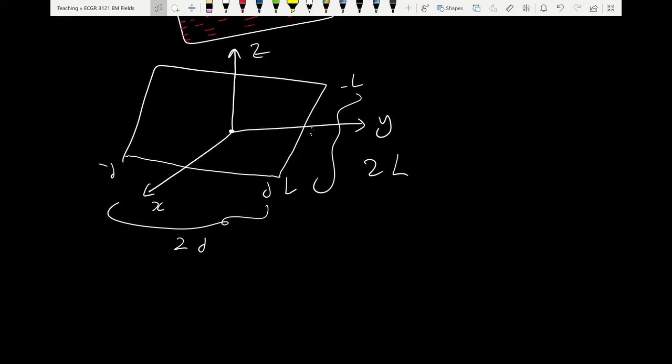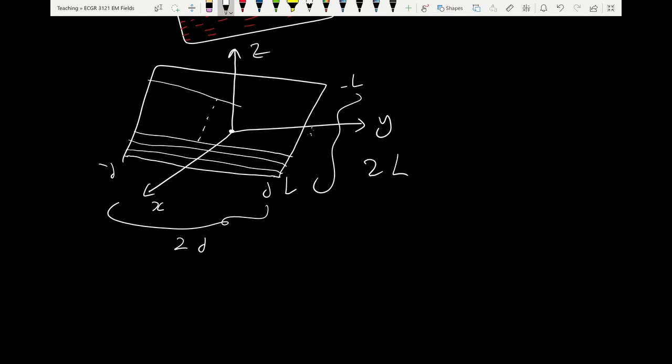I want to take my filament to be what? I want to divide my filament along the x-axis. So those are my filaments. So this is filament 1, filament 2, filament 3.